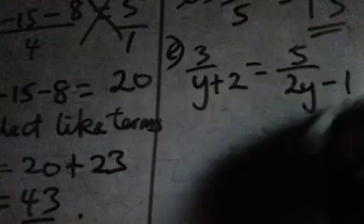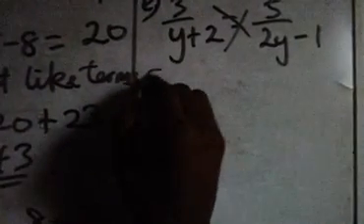So the last example now, we have 3 over y plus 2 equals 5 over 2y minus 1. We cross multiply. So 5 times this will give us 5y plus 5 times 2 will give us 10, equals 3 times 2y will give us 6y minus 3 times 1, 3.